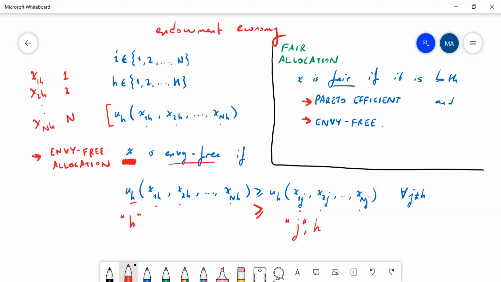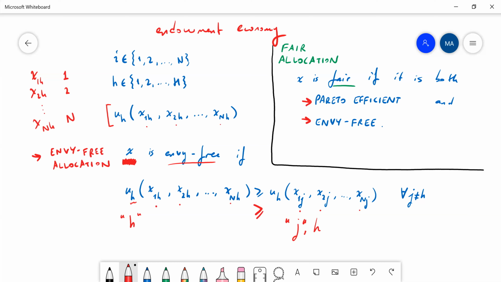Because here, first of all, it is Pareto efficient. So you cannot increase one person's welfare without at least decreasing one person's. And second, everybody is happy with his own, with her own allocation. Nobody is exhibiting envy for other people.